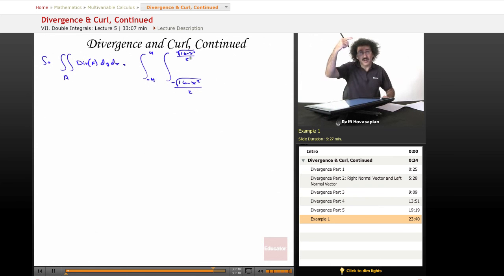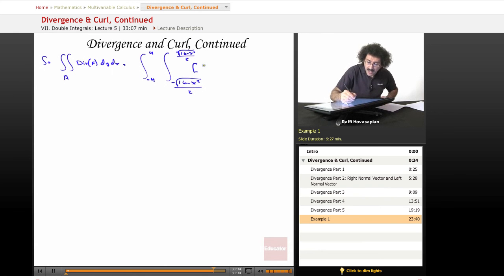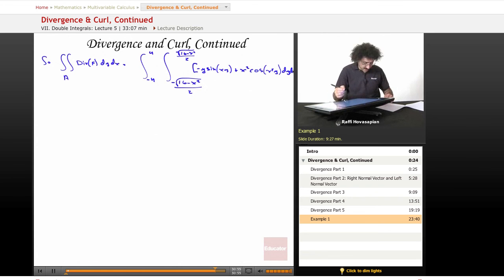It's the lower, that's the upper. That's what y is doing. Our divergence is minus y times the sine of xy plus x squared times the cosine of x squared y, dy dx.